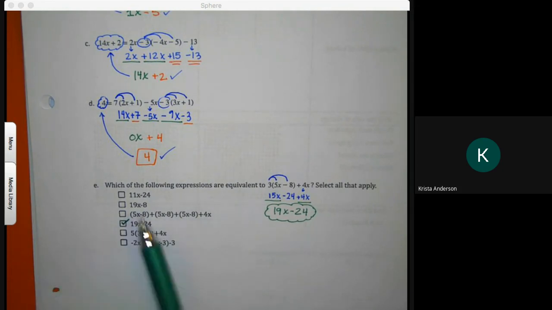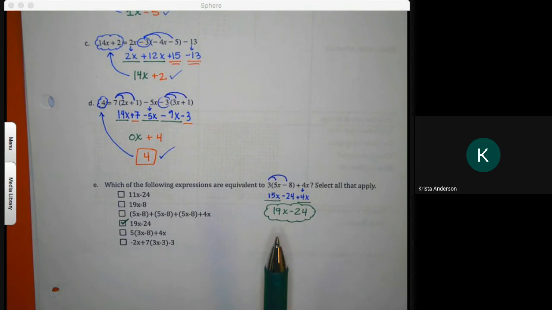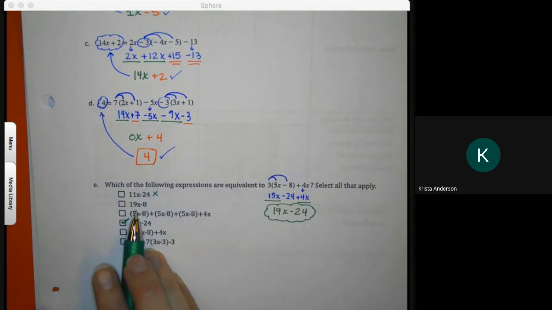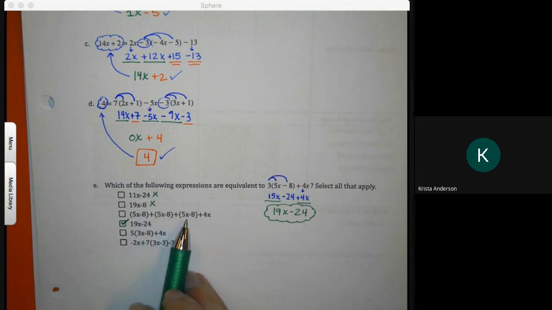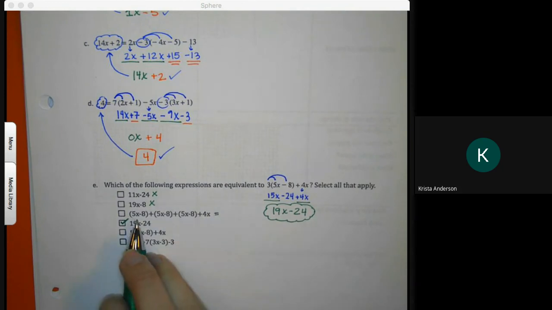So would 11x minus 24 work? Can I move any of the x's or combine anything to get 19x? No. What about 19x minus 8? I can't readjust anything. No. What happens if I have a 5x minus 8 plus a 5x minus 8 plus 5x minus 8? What's 5 plus a 5?